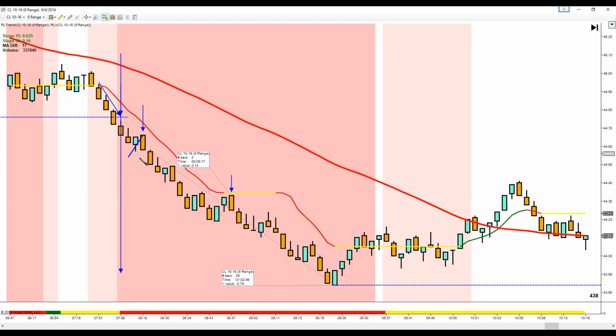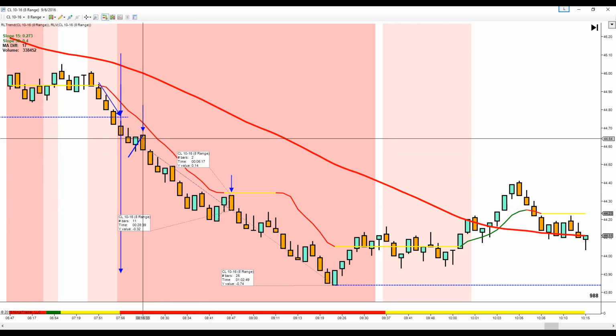It's all based on probability. Remember, nothing is perfect. So on the automated system, you're going to be out at 32, and you're going to get 7 ticks on your first contract. So this is a $390 trade, and this isn't made up.